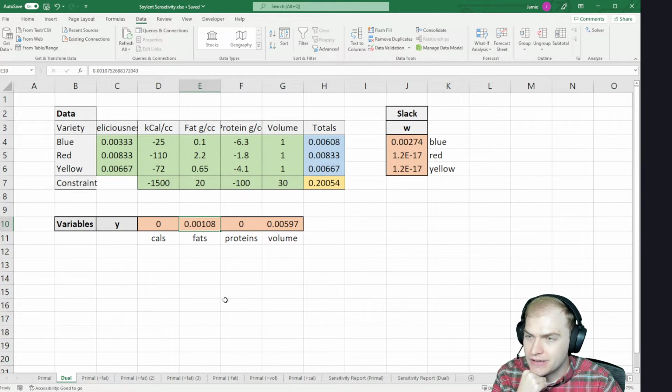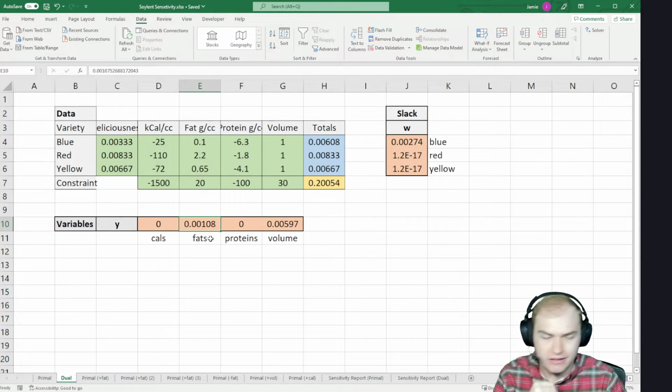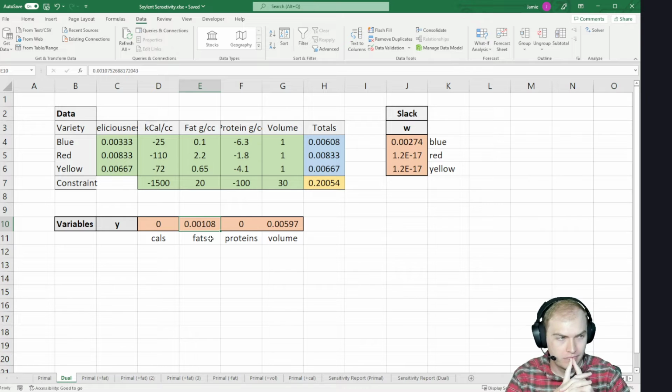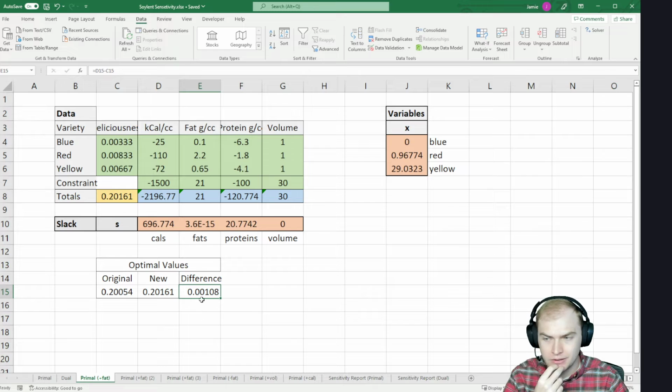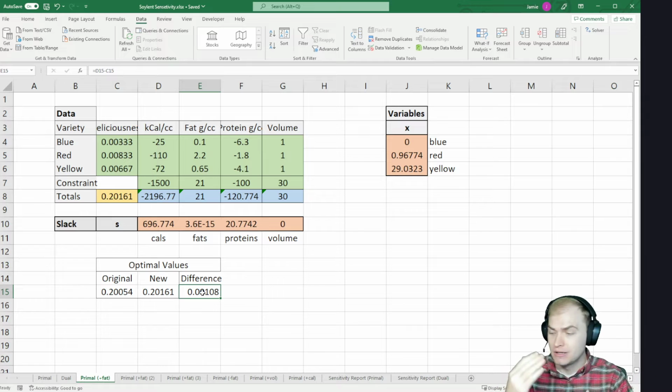And I noticed that the fat, y fat, has the same number as our difference between the two different solutions. So that's really neat. So our idea that y put a value on fat allowance seems to work. It seems to be true.